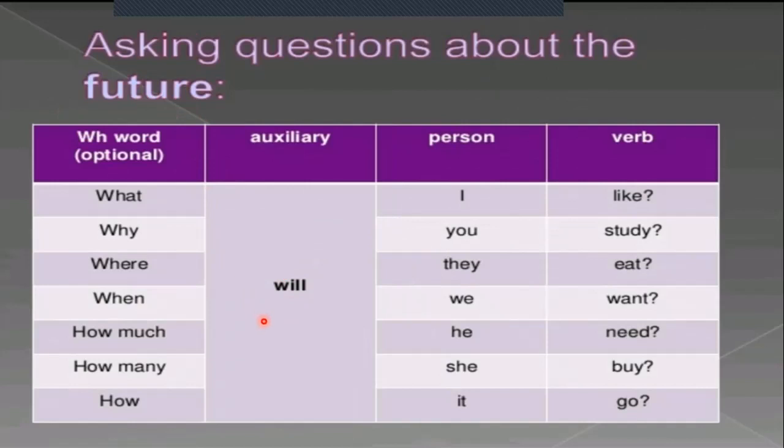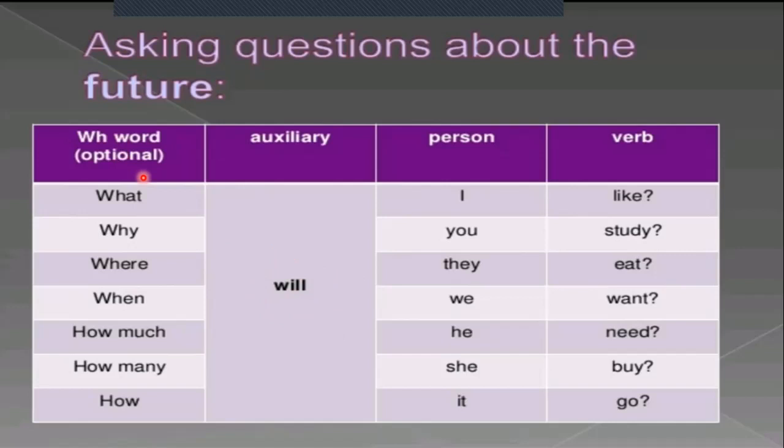Here we use will with the future tense. So if I want to make a question in the future tense, it's very easy. Only use will as an auxiliary verb. فقط هنستخدم هنا will كفعل مساعد.